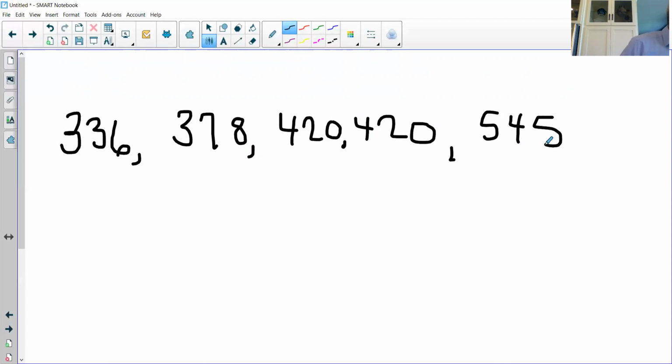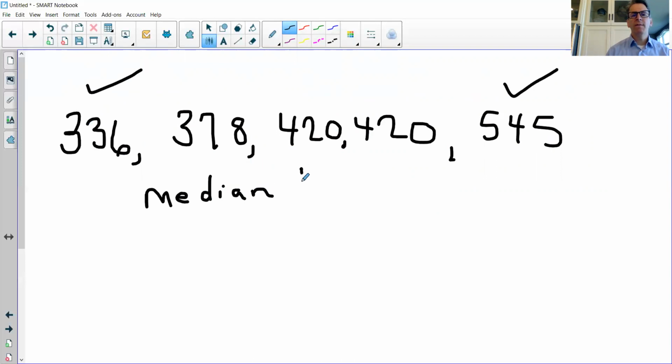So the question would be, can you describe the variation of the 5 samples? You can see how we line them up. We've got the high, 546, and the low, 336. We've got a median of 420, and the mode is 420.